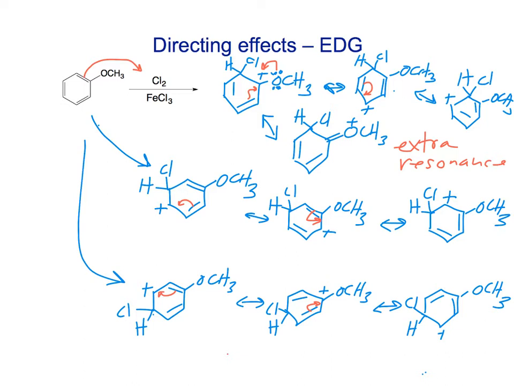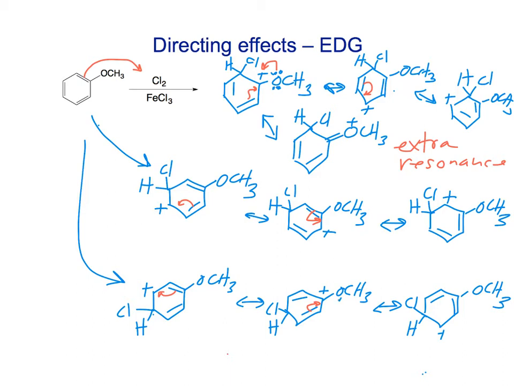All right, so can we draw an extra resonance structure for this intermediate? Yes, where would we draw it from? From the middle one here, right? Notice that in this middle structure, it has the plus right on the carbon where the methoxy group's attached.